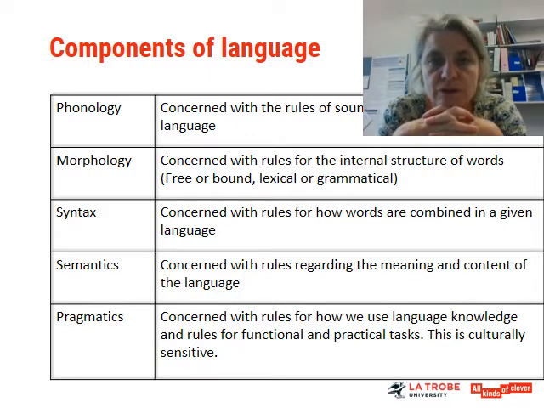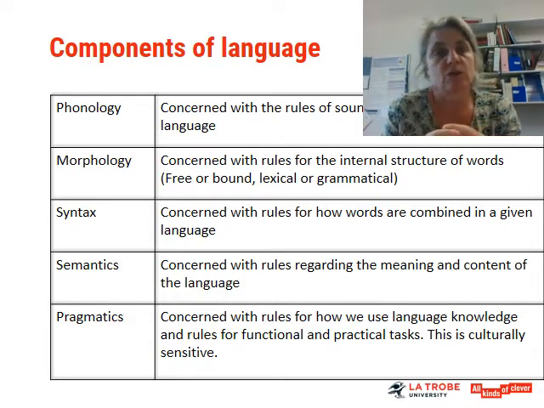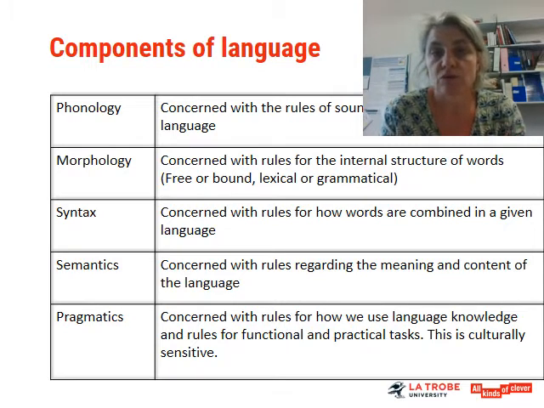So for example, the word bird is a word on its own, and we can add another morpheme to that word, s, which carries the meaning of plural. So then we'd have birds. So the morphological rules of English say that if we want to talk about more than one thing, we add a plural s sound.